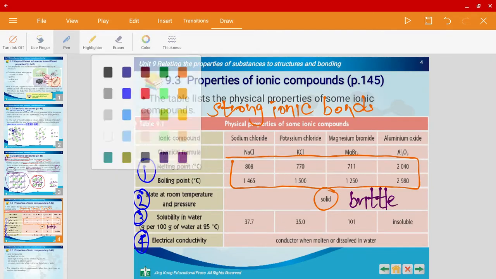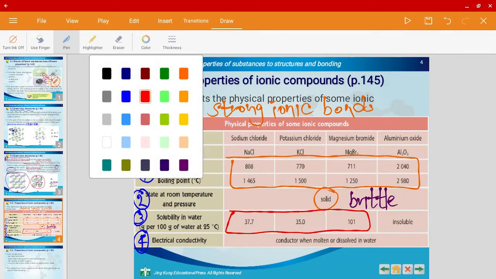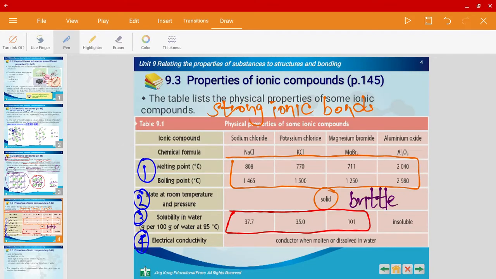Solubility, we learned that some ionic compounds are soluble in water. And finally, ionic compounds are able to conduct electricity in molten and aqueous states. What was the reason? Yes, because of the presence of mobile ions. Yes, mobile ions.